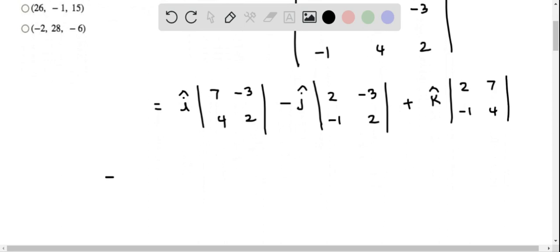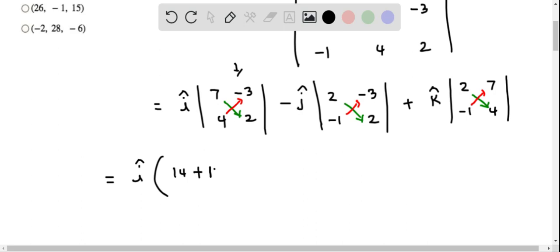Now let's evaluate each of these 2 by 2 determinants. So here we do the product of the diagonal minus the product of the other diagonal. For each of the 2 by 2 determinants we do like that. And so for this 2 by 2 determinant, 7 times 2 is 14. We then put minus 4 times negative 3 is negative 12.